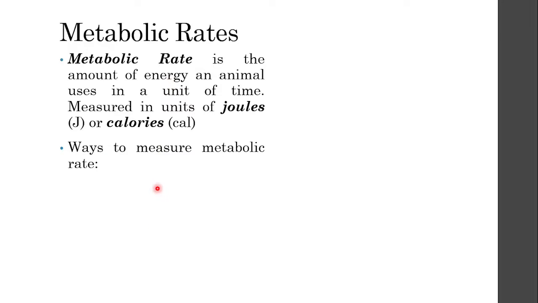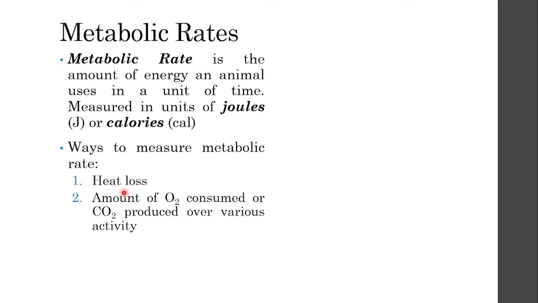And there are different ways to measure metabolic rate. The first one is heat loss. Remember, like I mentioned earlier, everything that we do in bioenergetics produces heat. So if we measure the amount of heat that our body loses, we can actually stipulate or measure how much energy we are using in order for us to basically survive and exist in our everyday living conditions.